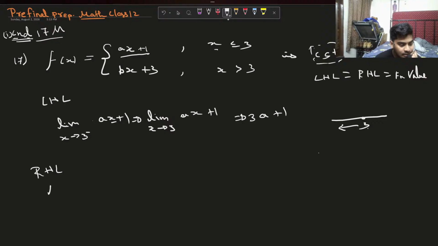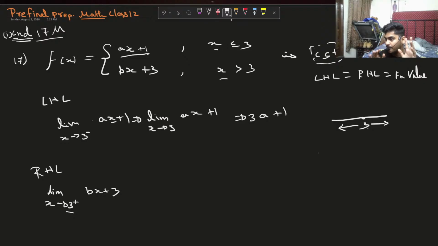Now RHL: limit x tends to 3 plus. So what should come here? Greater than 3 means this x uses bx plus 3. This is how we have to look at the question.